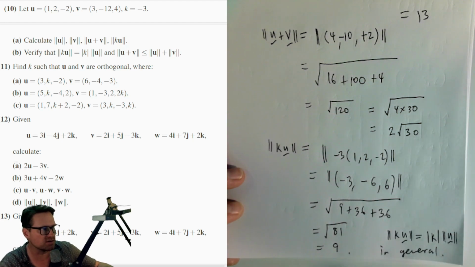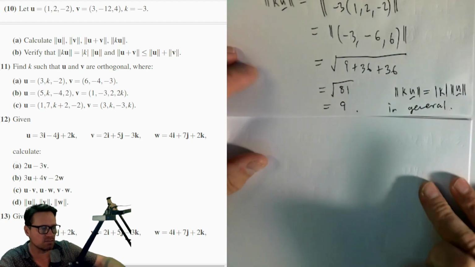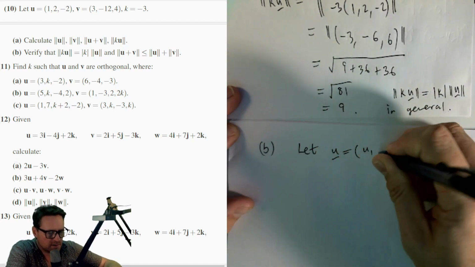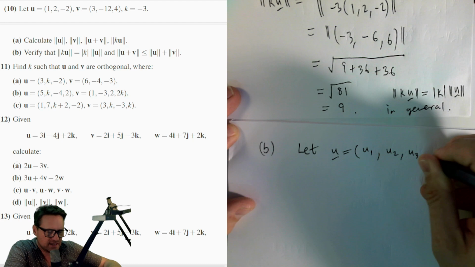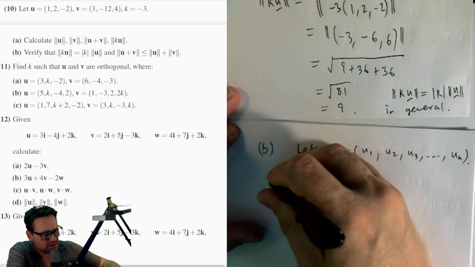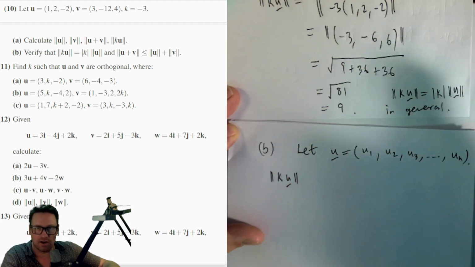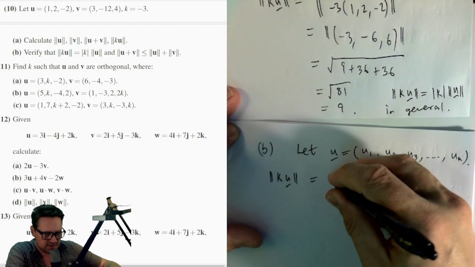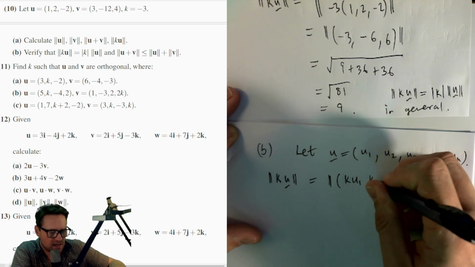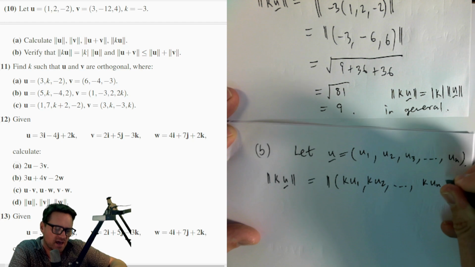All right. So why don't we do this more generally than just with those vectors? So now let's let the vector u be u1, u2, u3, etc. to un. Okay. And so then the norm of k times u for some generic scalar k is the norm of the vector k u1, k u2, etc. up to k un.